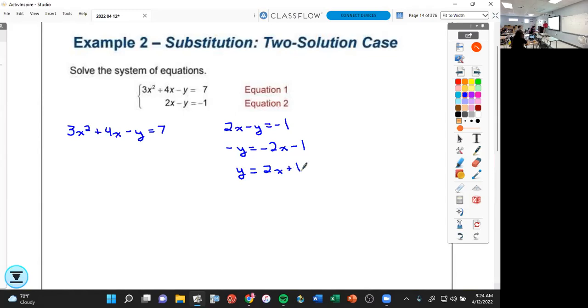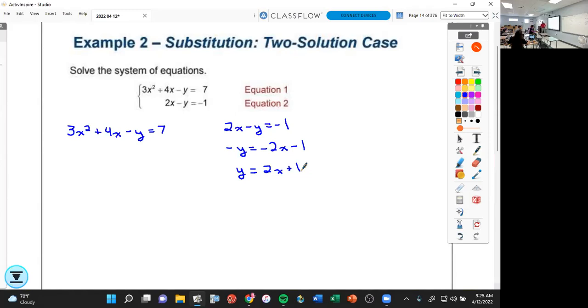Okay. If I was to graph y equals 2x plus 1, what's it look like? It's a line. If I was to graph this equation, 3x squared plus 4x minus y equals 7, what's it look like? Parabola, right?